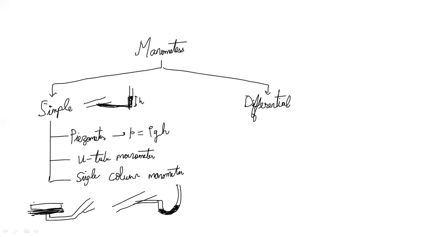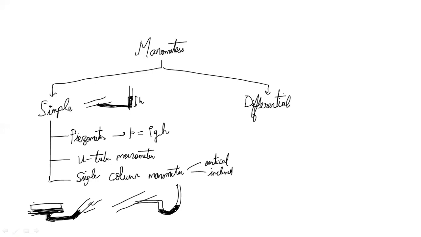This other limb is completely filled with mercury, and depending on the pressure of the reservoir, the deflection of mercury is observed in the right limb. Now this can be either inclined or vertical. If the limb is inclined, it is an inclined single column manometer. Otherwise it is a vertical single column manometer.